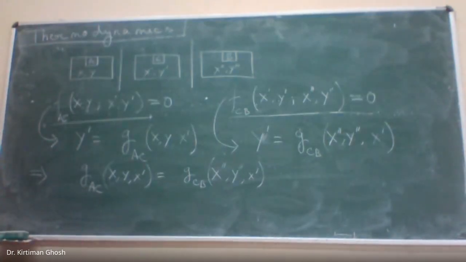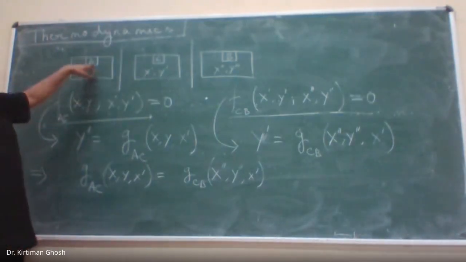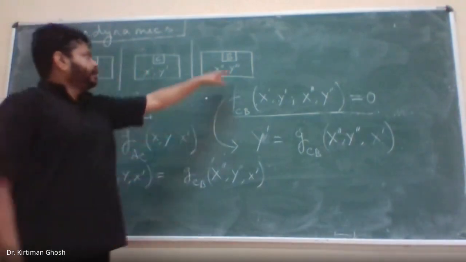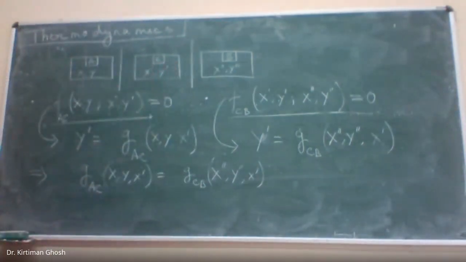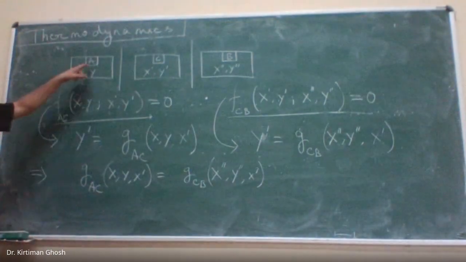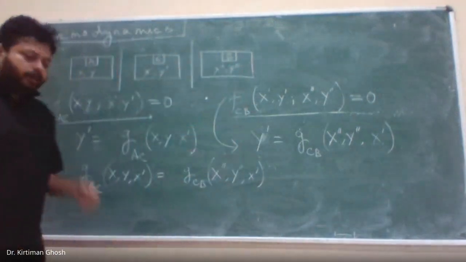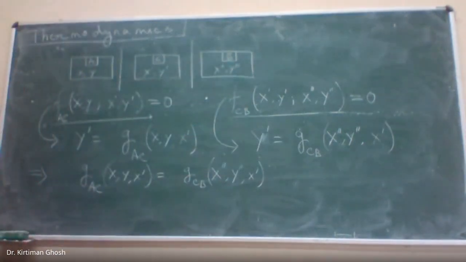Now, what does the zeroth law of thermodynamics tell you? A is in thermal equilibrium with C, and B is in thermal equilibrium with C. So the zeroth law tells you that A and B are in thermal equilibrium with each other, right? So that will give you another relation of this kind.